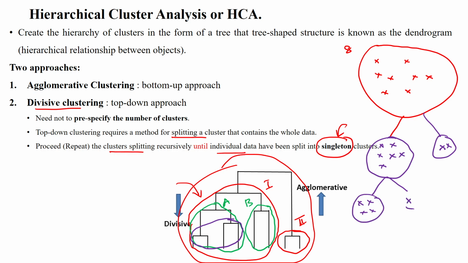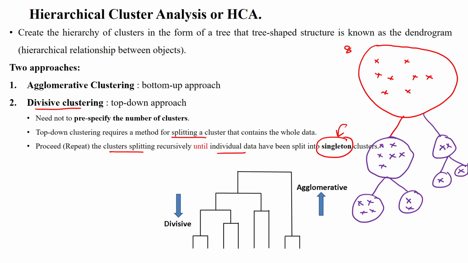Here 2 data points, likewise here 2 data points. Each individual data point is considered as a single cluster here. Then these 4 data points are again split into different groups, 2 by 2. So here 2 data points, here 2 data points.